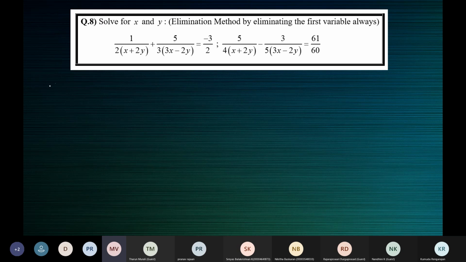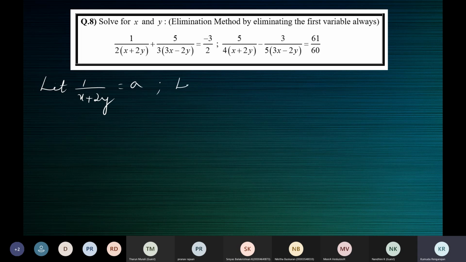Ma'am, let 1 by x plus 2y be equal to... Very good. That's fine. But how will you write? Fine. Let 1 by X plus 2Y be A. You're right. Okay. Then let 1 by 3x minus 2y be B. Very good.